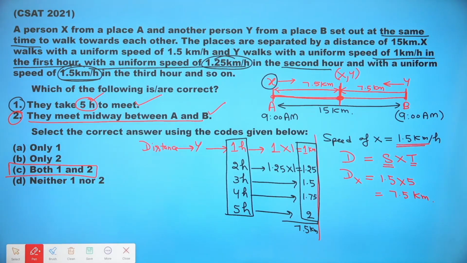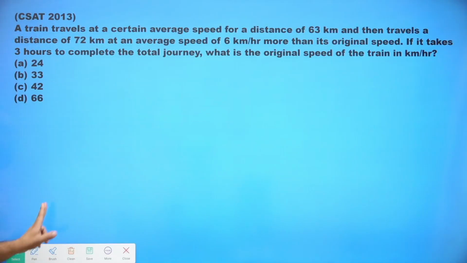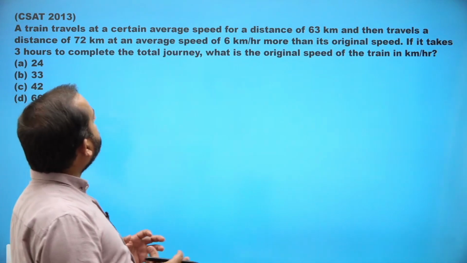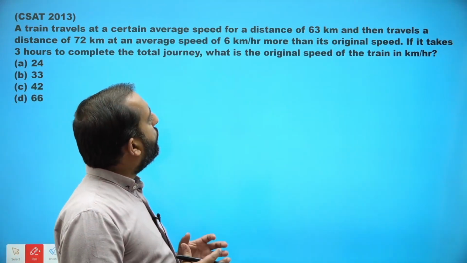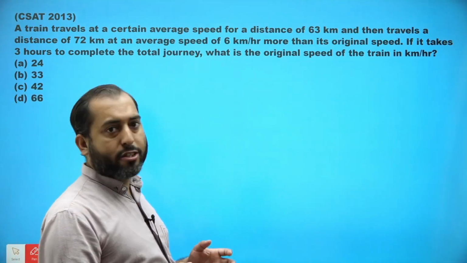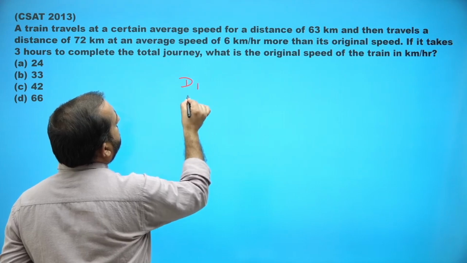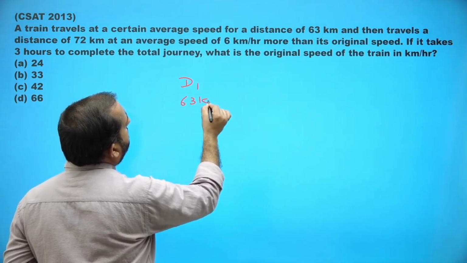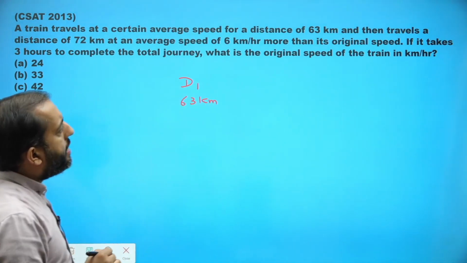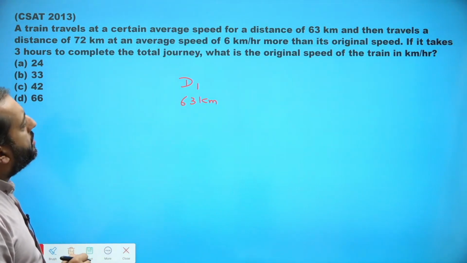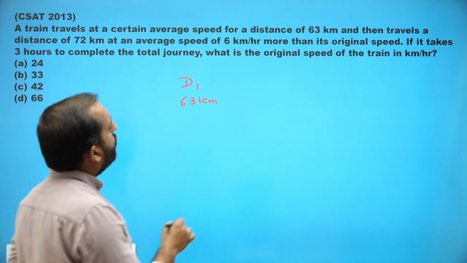Okay, let's move on. Next question: a train travels at a certain average speed for a distance of 63 kilometer. So the distance in the first scenario is 63 kilometer, and then it travels a distance of 72 kilometer.